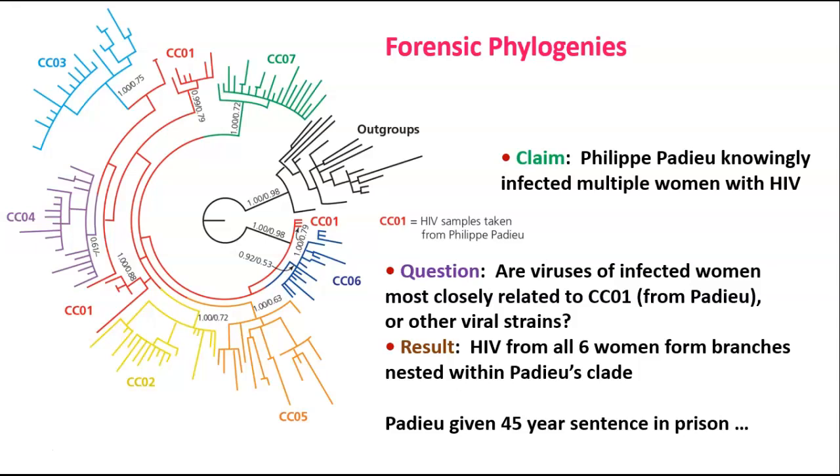And if you look at this phylogeny, what you can see is that HIV from all 6 women form branches that are nested within Pédot's clade. So the fact that every one of those HIV strains can phylogenetically be traced to have come from Pédot's strain, well, that was convincing enough evidence to give him a 45-year sentence in prison.